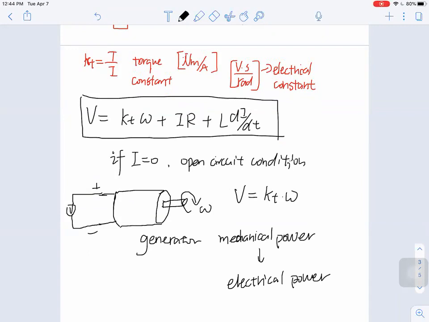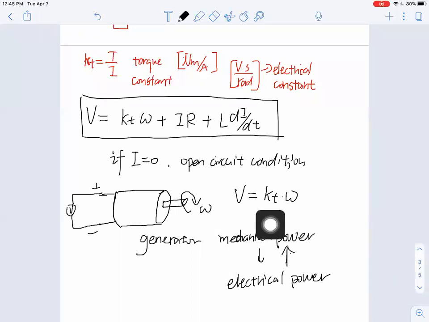And so that tells you a motor can work in either way, either converting mechanical power to electric power, or using electric power to generate mechanical power.